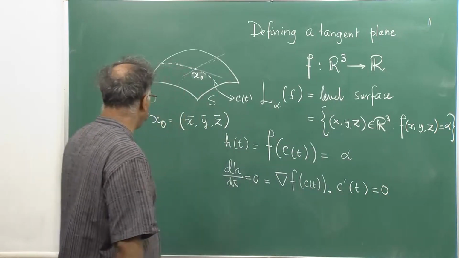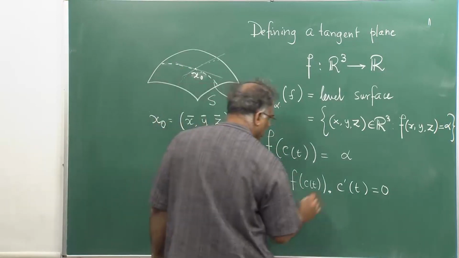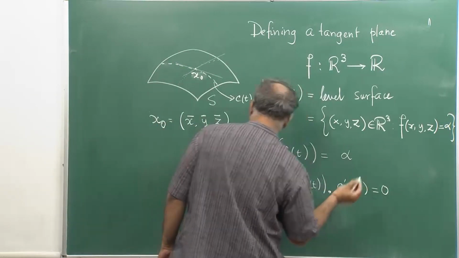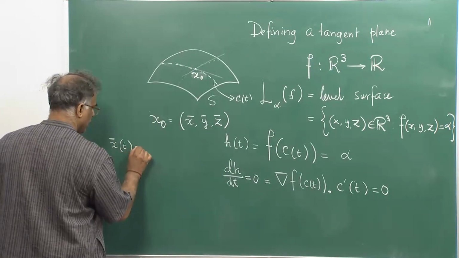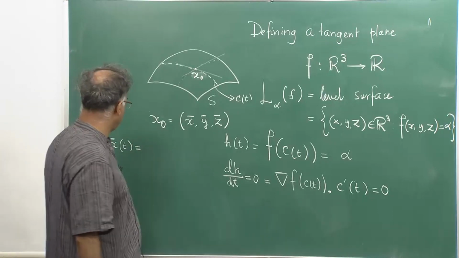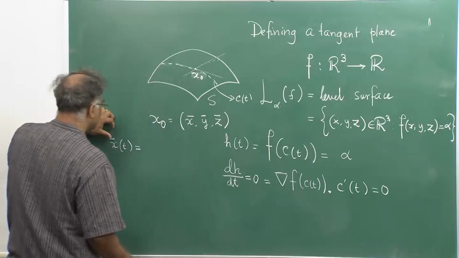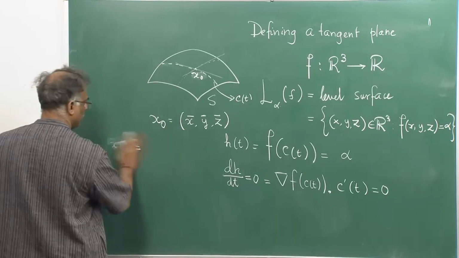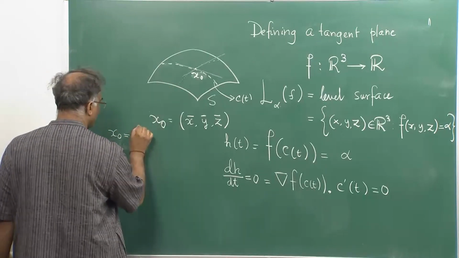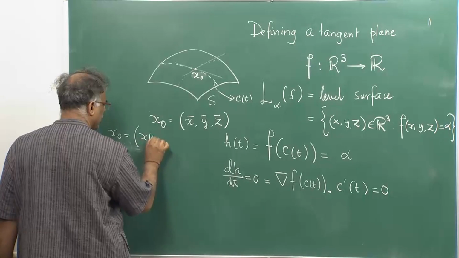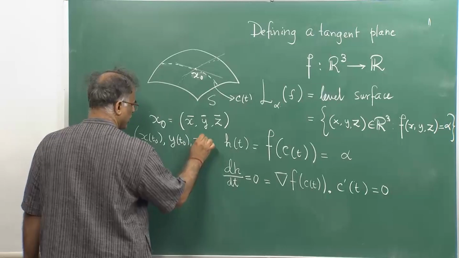And at what point am I computing it? I am computing it at the point x naught, or x bar, y bar, z bar, which is x bar t. On the curve C(t), x naught actually means the point x(t naught), y(t naught) and z(t naught).